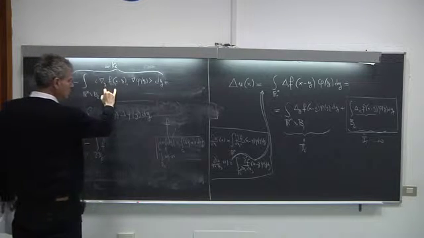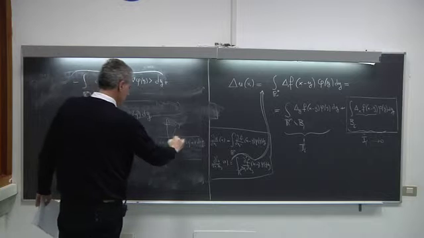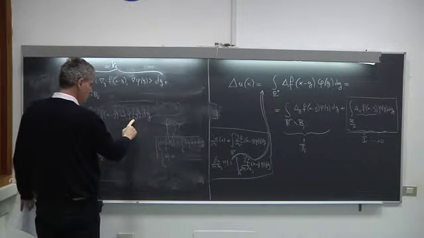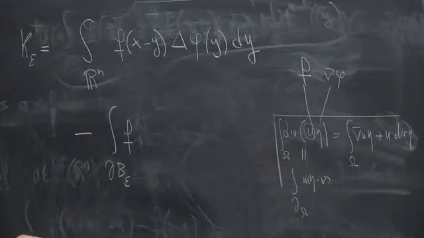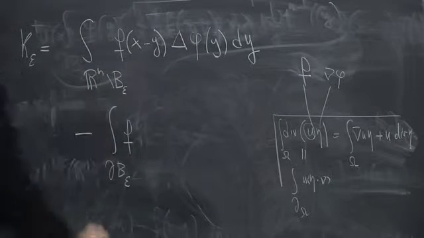So grad u times grad phi, with the minus, is equal to u divergence of eta, which is the Laplacian, in R^n minus the ball.